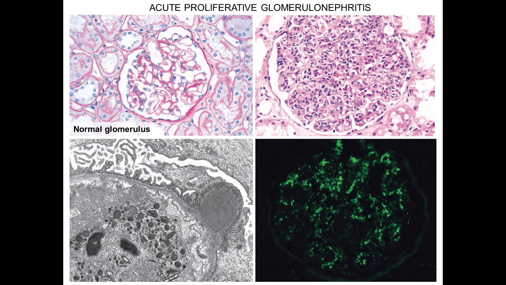Acute proliferative glomerulonephritis, guys, I can show you right now these deposits under the electron microscopic investigation on this electronogram, and of course we can use this method to indicate the localization of these depositions.